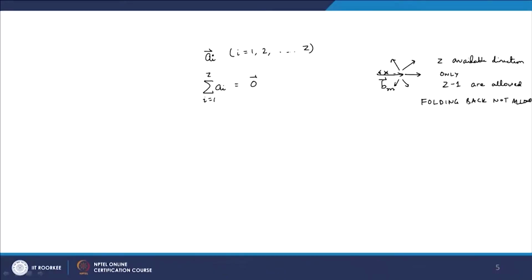But now we are disallowing the one that is the minus of Bm. So, Bm plus 1 can take all the directions same as what I have written as A i except minus Bm.